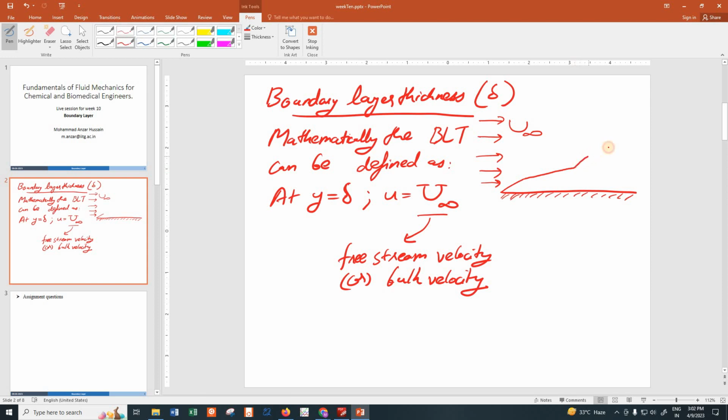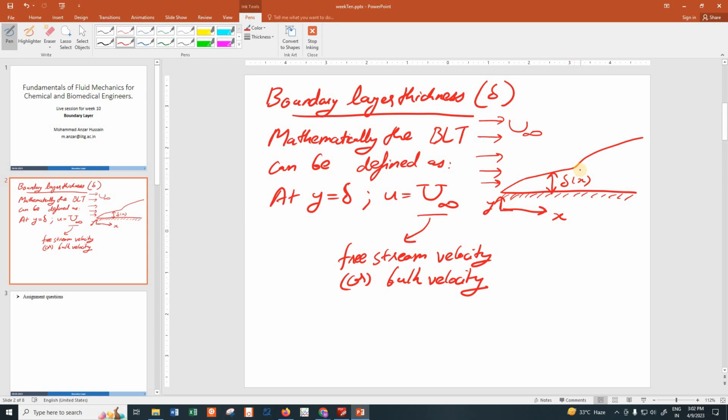It will go, and then there will be a sharp increase. That is the turbulent boundary layer. So this thickness delta, which is a function of x and y, is your boundary layer thickness.